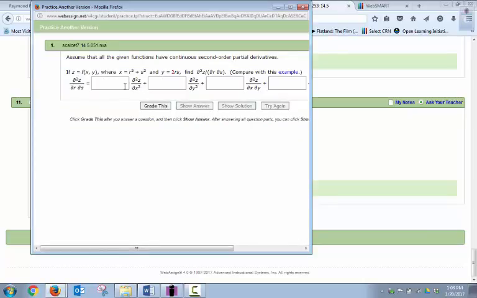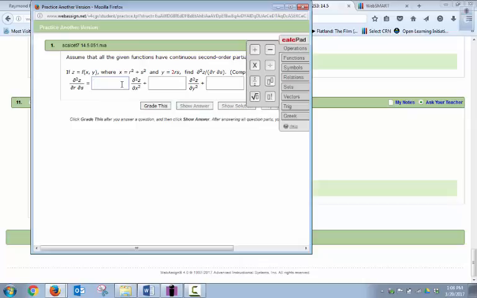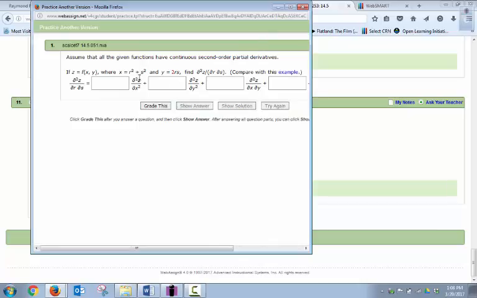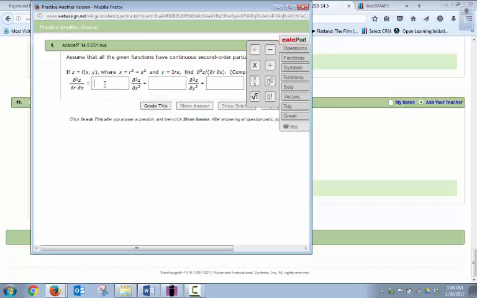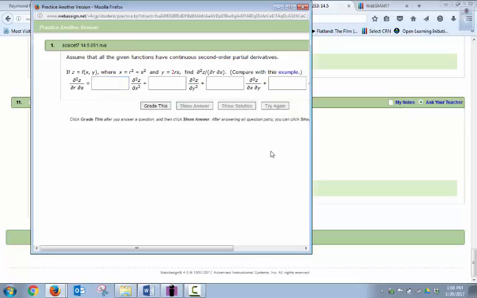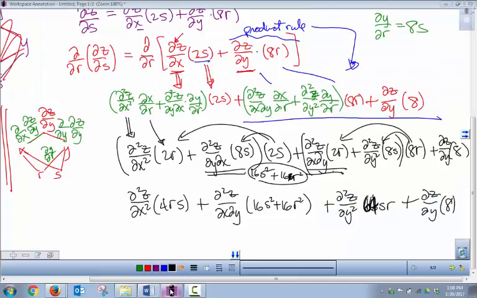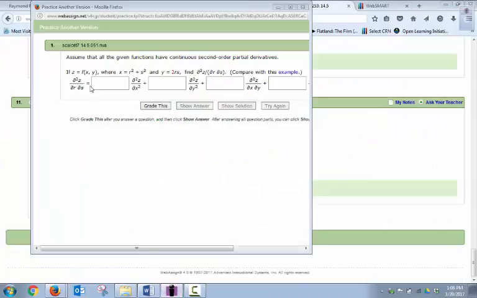Yeah, just put ones in everything, and then just grade this. So wherever there was an 8, you divide by 4. Divide by 4. So r times s. 4rs.